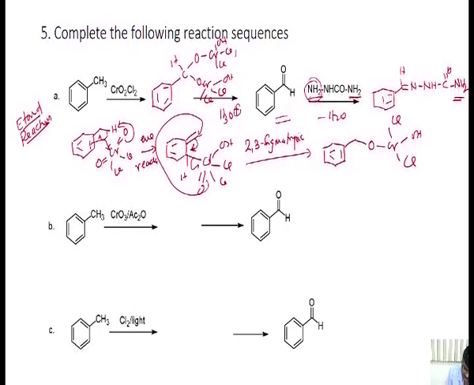So it can undergo further reaction with another equivalent of chromyl chloride to give this chromium complex. Once we have this one, it can undergo hydrolysis to give aldehyde, and this aldehyde can be further reacted with this amine to give these imine derivatives.